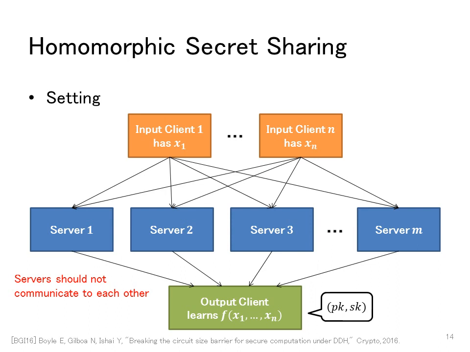Each input client then uses the public key to generate shares of the secret input and sends shares to the servers. After that, each server will combine the shares into one message according to the desired function and send the message to the output client. Note that servers should not communicate with each other. Finally, the output client uses the secret key to see the result.